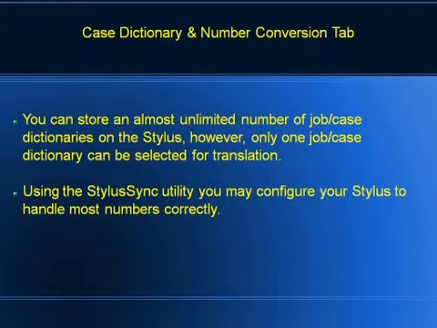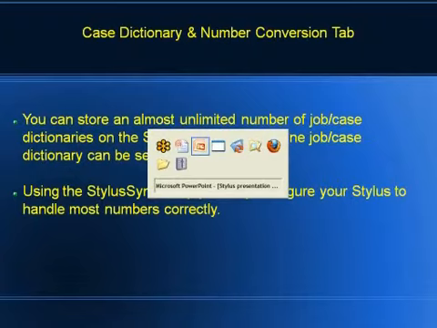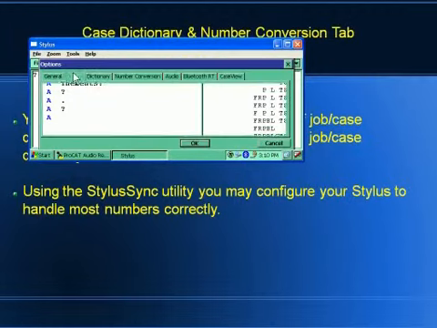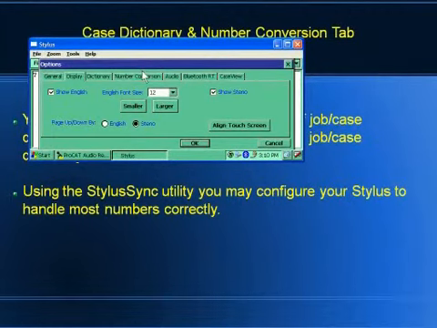You can upload job dictionaries, as many as you want, to the Stylus, but you can only use one at a time, right? And so you have to identify that particular job dictionary when you want to use it.